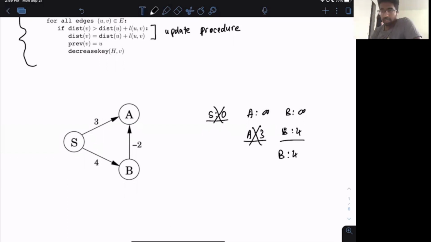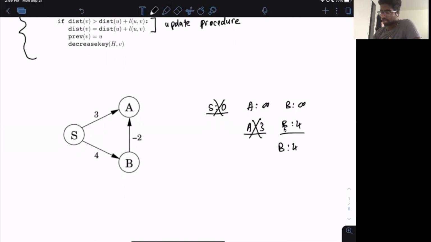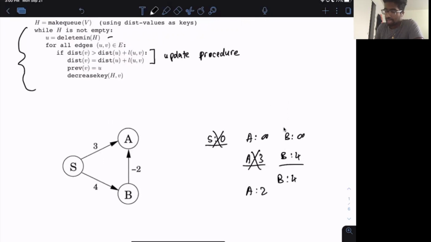When we process B off the priority queue, there's an edge from B to A for -2. So we would have wanted to update A's distance to 4 minus 2, which is 2. But the reason we can't do this is because we've deleted A from the priority queue itself.